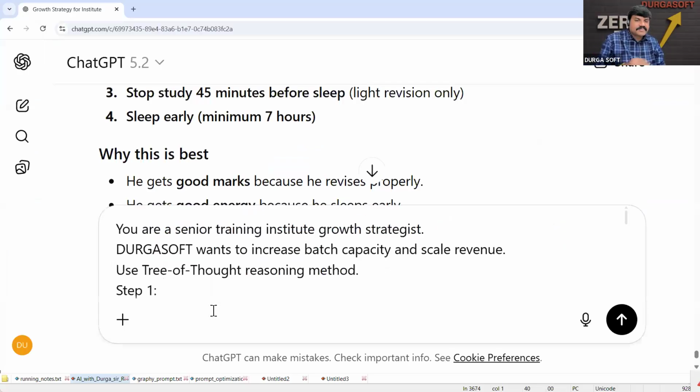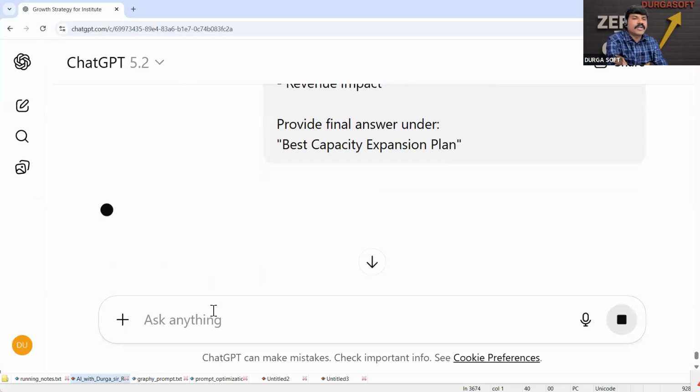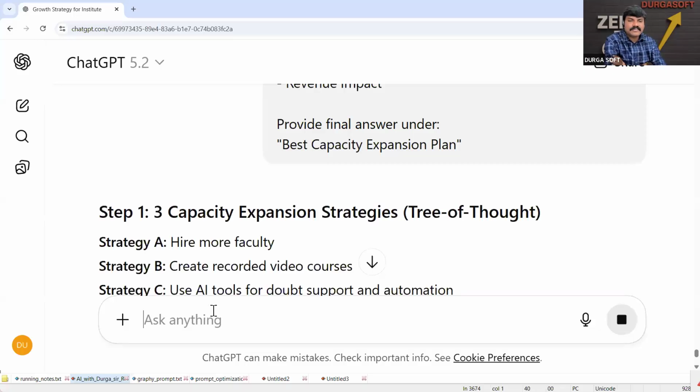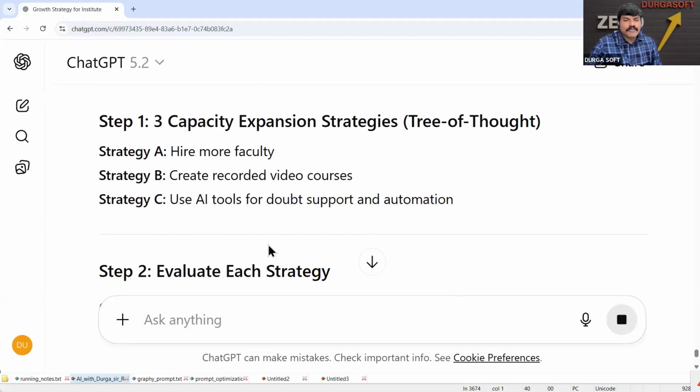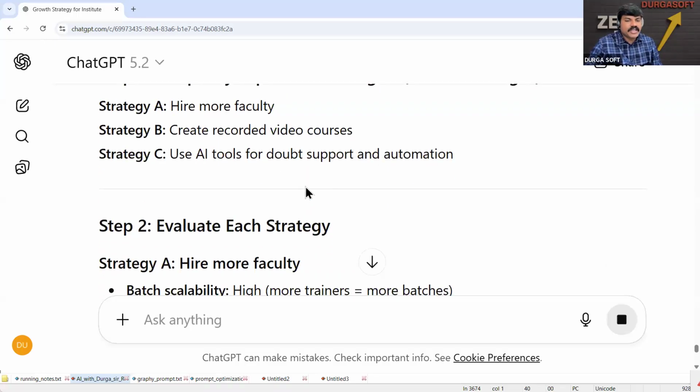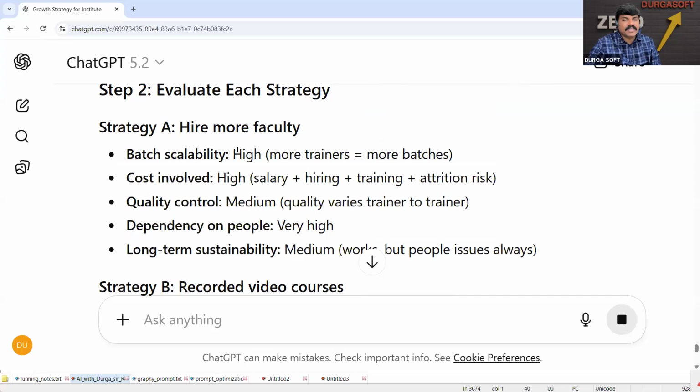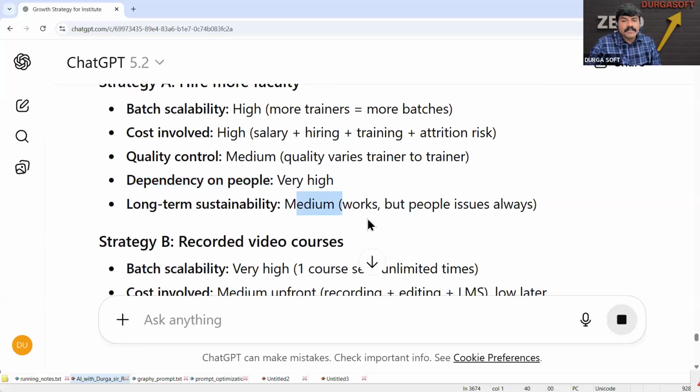Have a look once. Hire more faculty, create recorded video course, use AI tools. Hire more faculty: batch scalability high, cost involved high, quality control medium, dependency on the people very high, and long-term sustainability medium. Works, but people issues always.